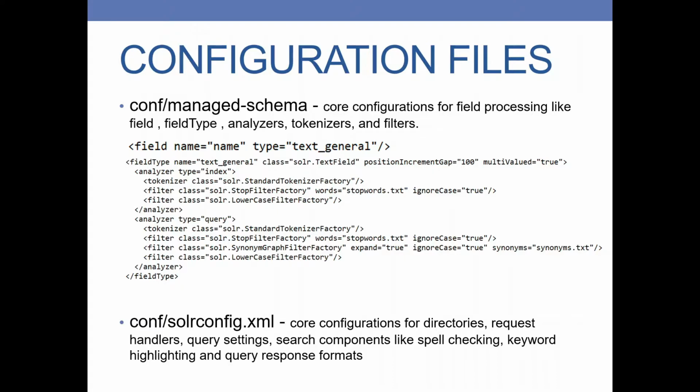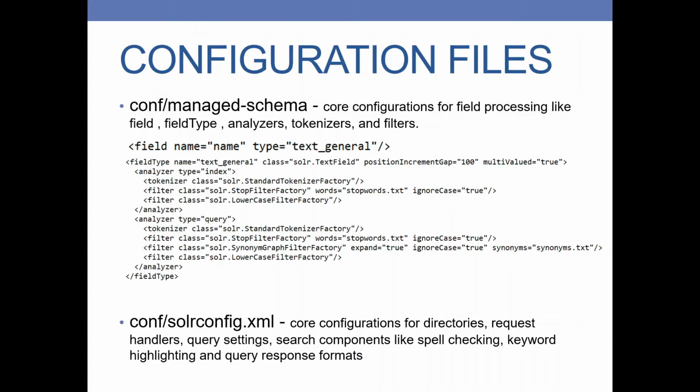These two files are used to customize the index field, like how you want to process the data and store it as a field, as well as what set of features you want to enable in SOLR. So the first important file is the conf/managed-schema. It is an auto-generated file and it gets updated whenever you are changing any data or adding any new fields to the data.